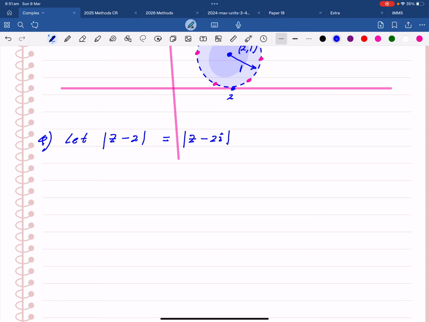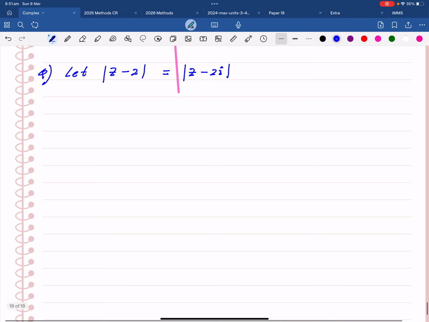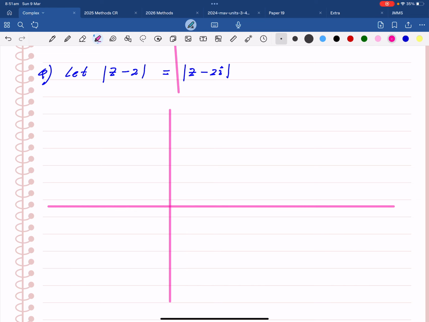Now we will think about this individually. So we understand z − 2 means somewhere here, 2. So I'm going to have a circle here.